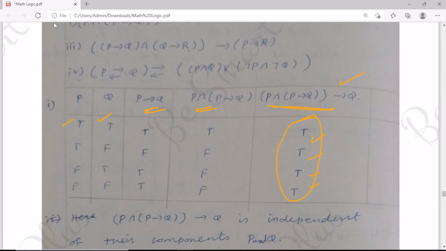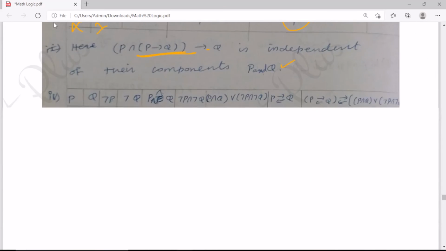P has truth values true, true, false, false, whereas Q has true, false, true, false. But the result after applying the conditionals and conjunction is finally true, true, true, true. It doesn't coincide with any of the truth values of P and Q. That is the meaning of independent of their components. So this statement is independent of its two components, P and Q. That is the only meaning.